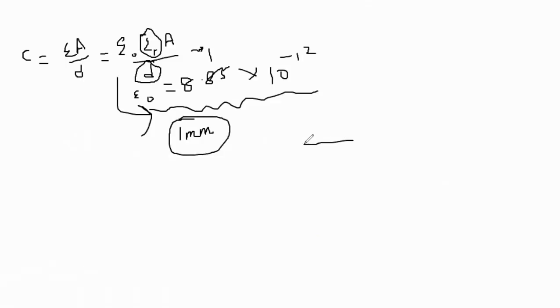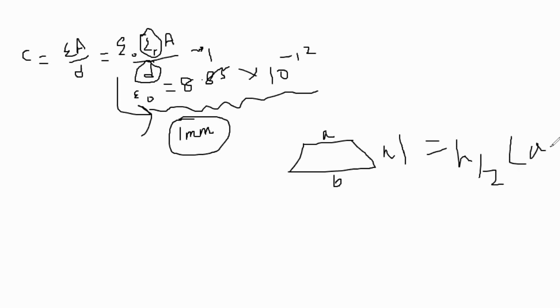It is all mathematical: half into A plus B. That means these are the two parallel sides. Suppose A and B are the parallel sides, and this is the height h. So the area equals h by 2 into A plus B. That is the area of the trapezoid.